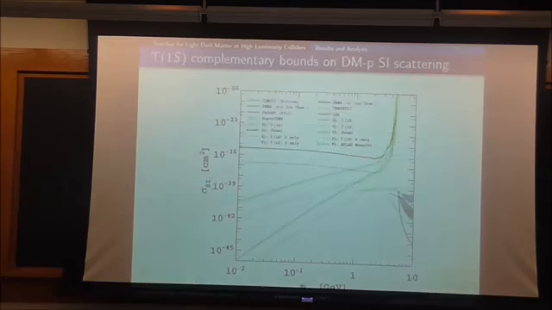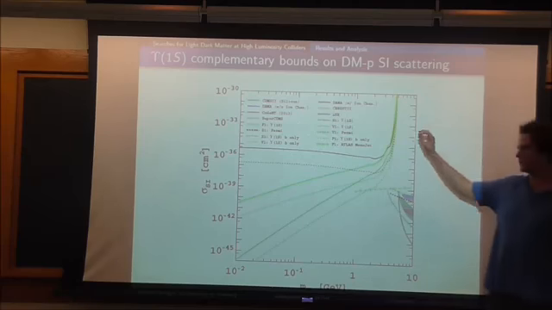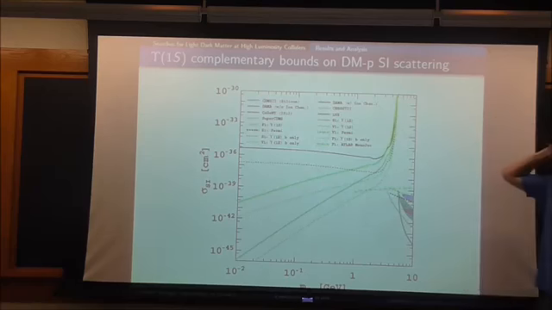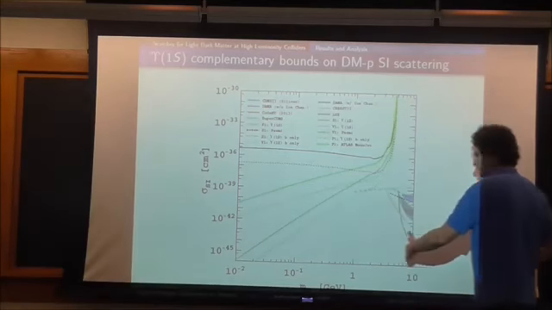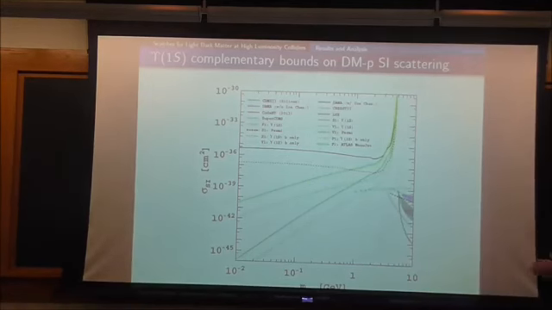So the last thing you can show is you can turn that plot upside down for things that allow for velocity-independent scattering, and this is spin-independent scattering. So this is a factor of 1,000 removed on the horizontal axis from what you might normally show. This is low-mass dark matter.